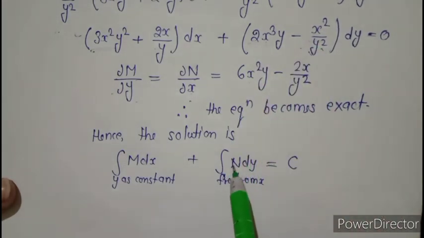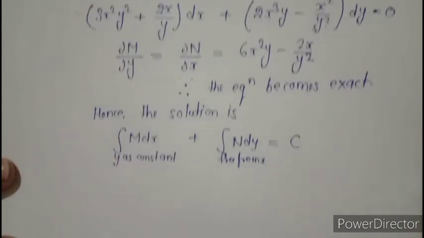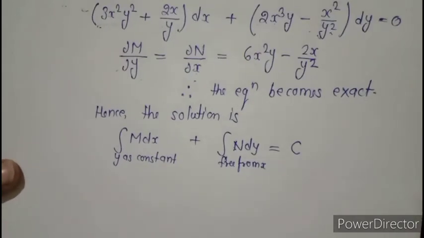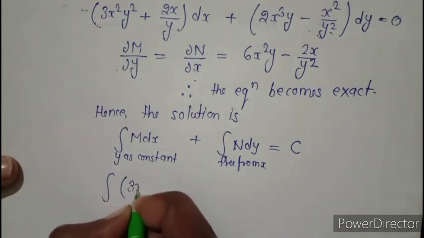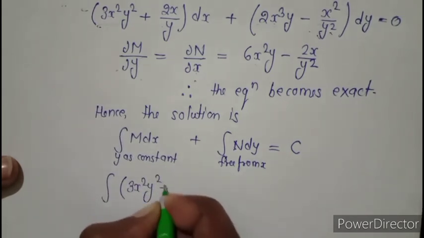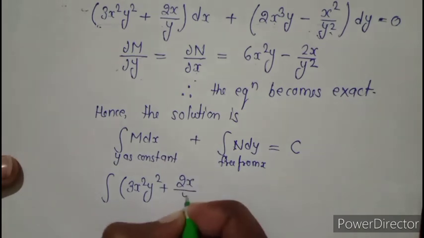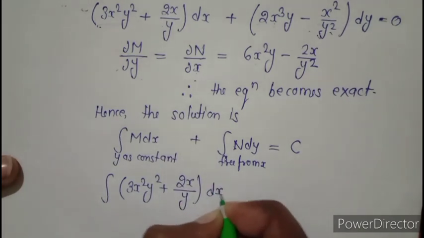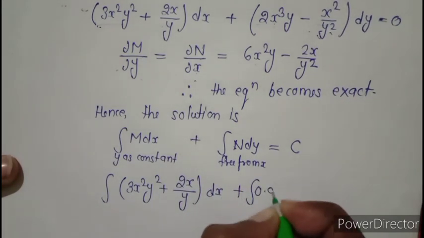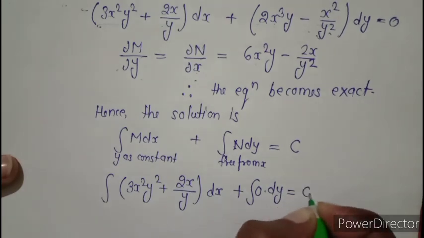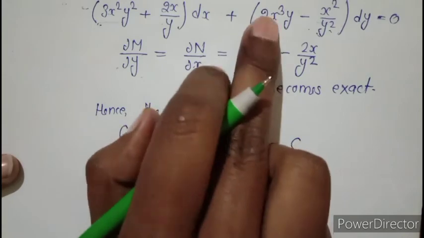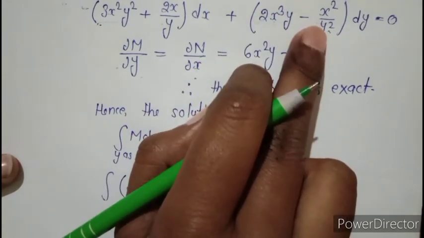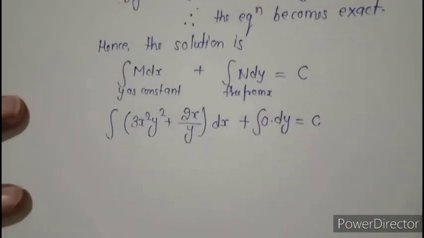So we get N as 0 in this integral. Then I'm going to integrate it, putting the value of M and N. You can see here the integral of (3x²y² plus 2x by y) dx, and the second integral becomes 0 because the value of N is 0 here, since in N both terms contain x. So I'm going to integrate it.